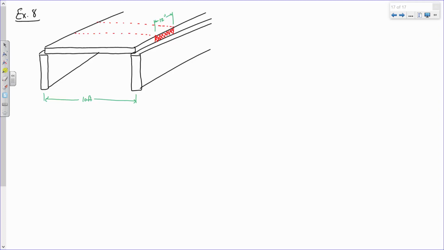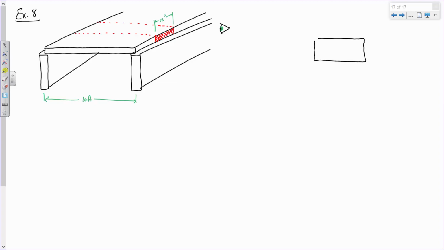Now, let me look at this cross section. Let's look at it like this. I'm going to look on this side of the slab, and what do I see?